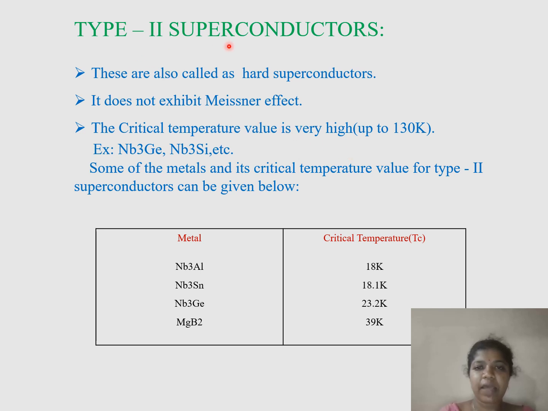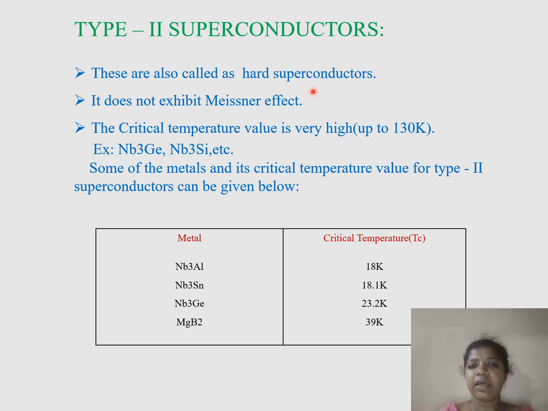And next one is type 2 superconductors. Type 2 superconductors are also called hard superconductors. Why are they called hard superconductors? When an external magnetic field is applied to the superconducting material, it does not lose the superconductivity but gradually decreases.